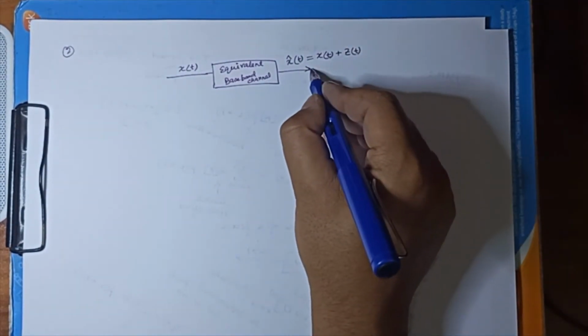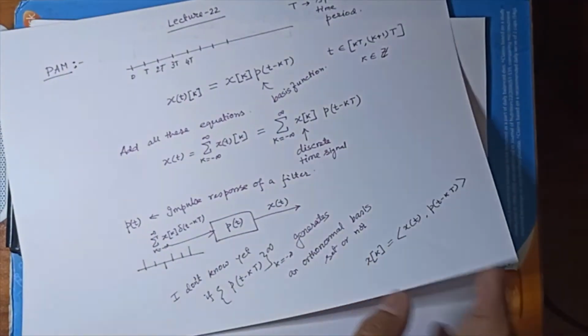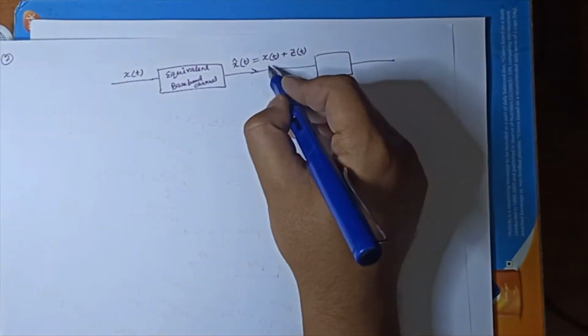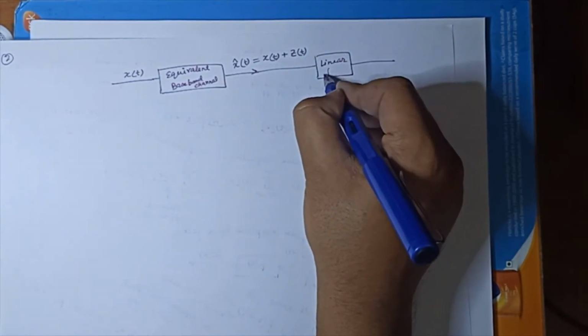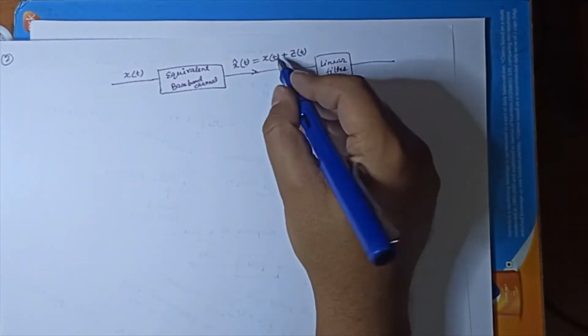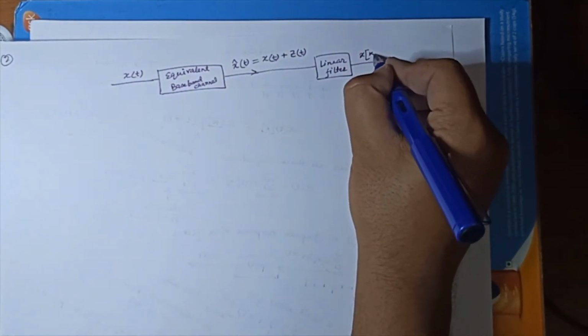Now if you pass it through a linear filter, which is basically computing this inner product, then xt will give you back xk, no problem.